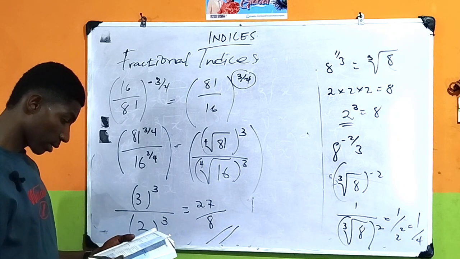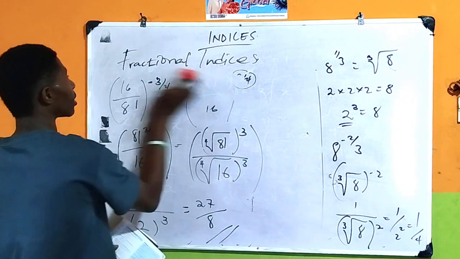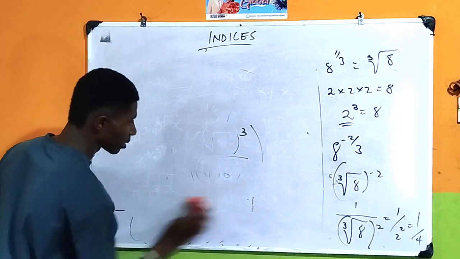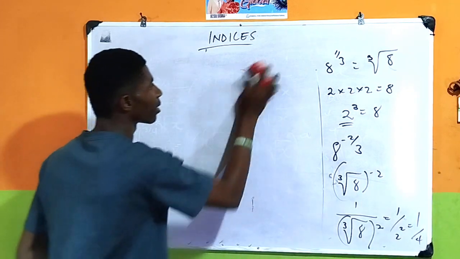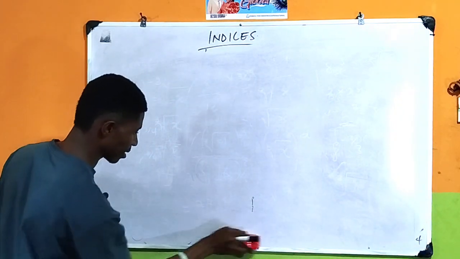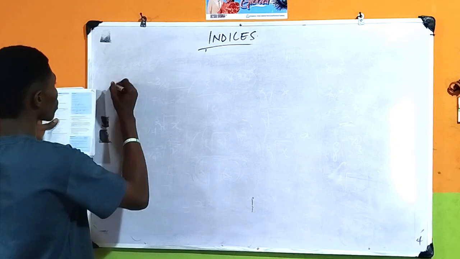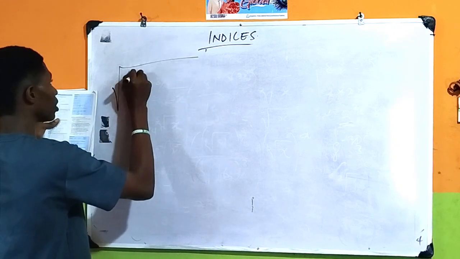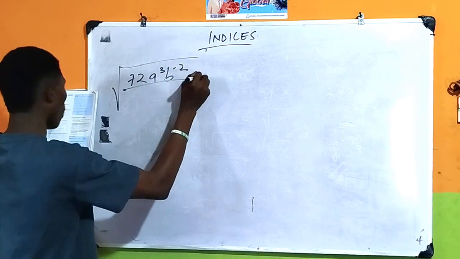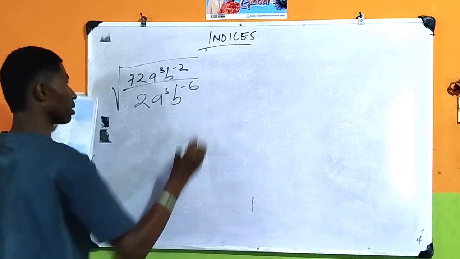Now let's take one more example on the indices. Now consider this example: square root of 72 a cube b power minus 2 over 2a power 5 b power minus 6.